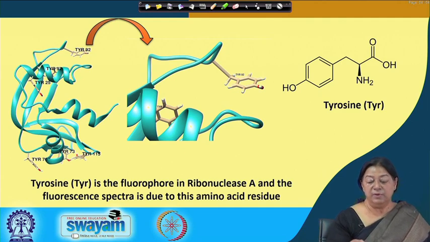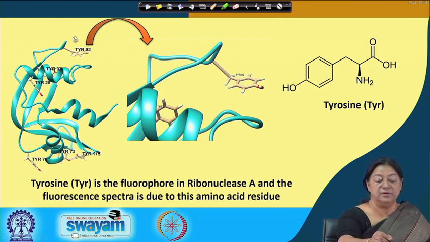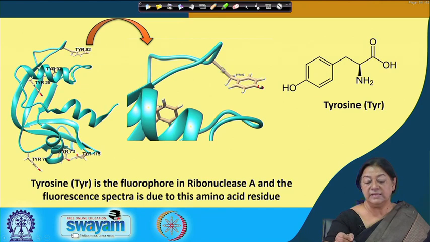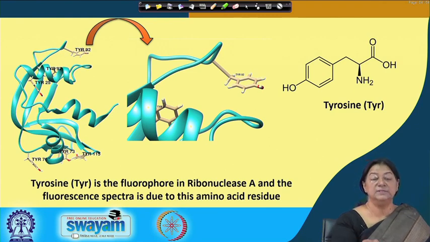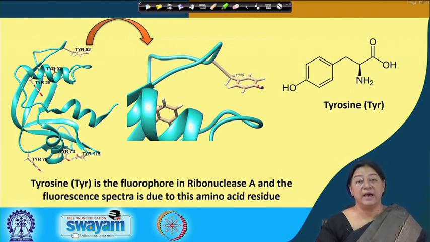For example, if we look at a specific protein, this is the protein ribonuclease A. It has a specific tyrosine here. It actually has 6 tyrosine amino acid residues, and if we blow up this region, we can see that there is a specific tyrosine. Since this protein does not have tryptophan, the fluorescence that we monitor will be due to tyrosine alone.